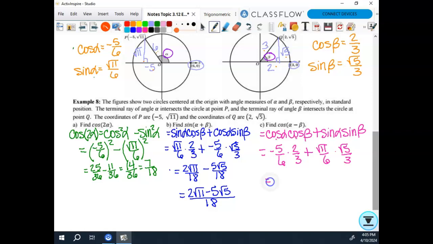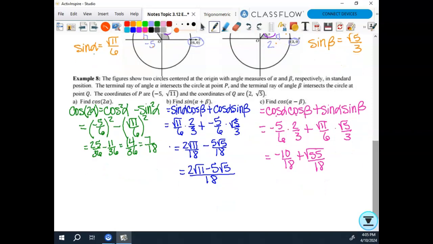So then this gives me negative 10 over 18 plus the square root of 55 over 18, which again, I could leave like that, or I could clean up and say it's negative 10 plus the square root of 55 over 18.